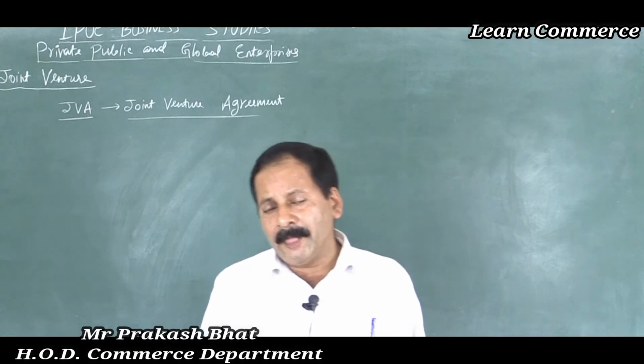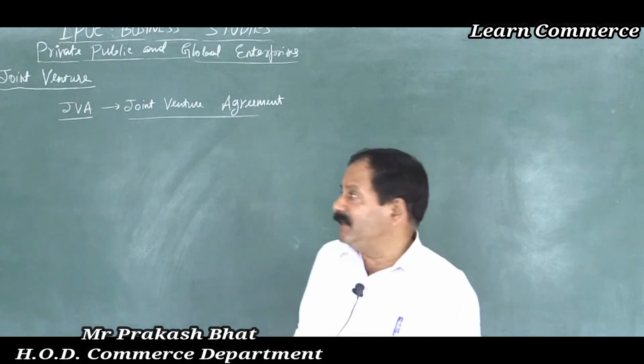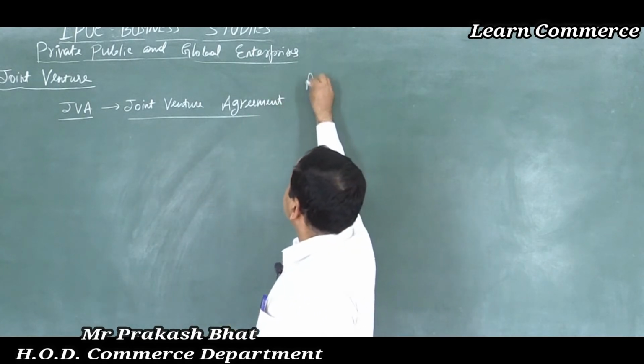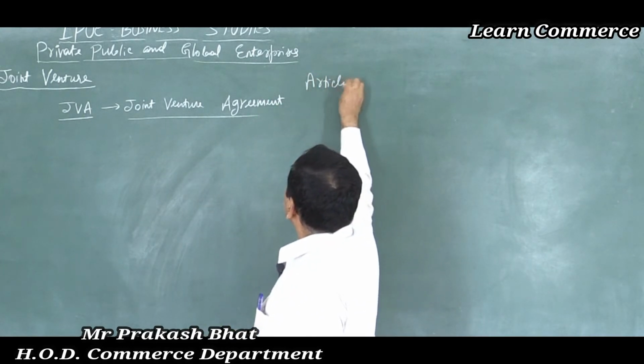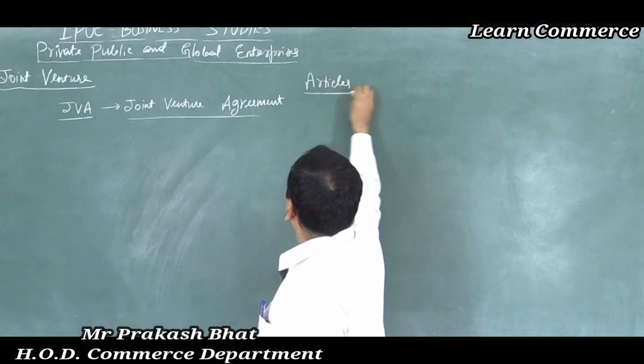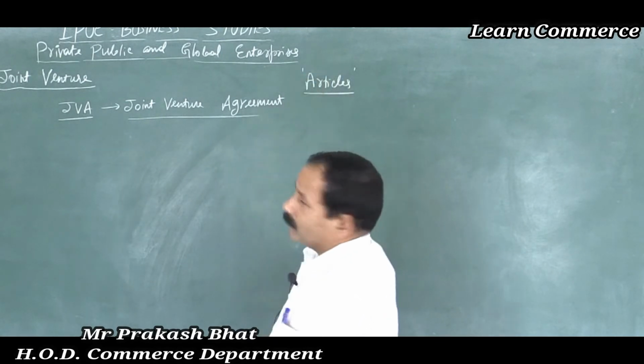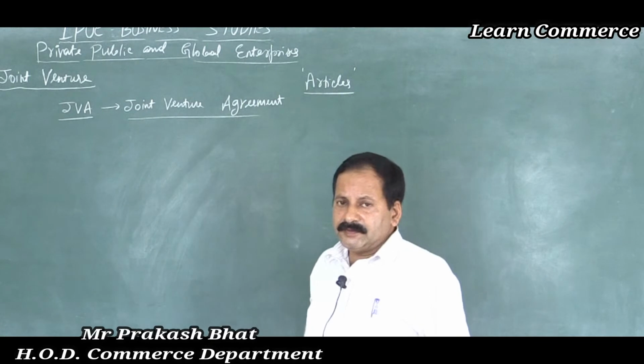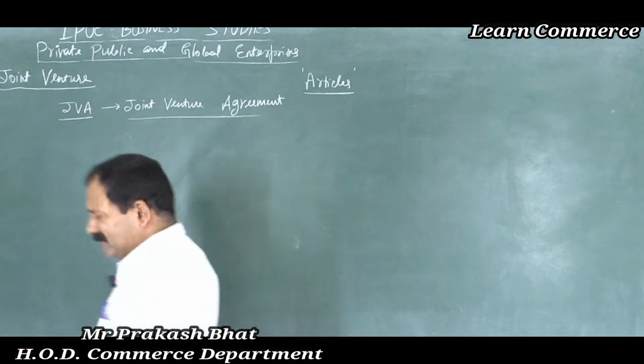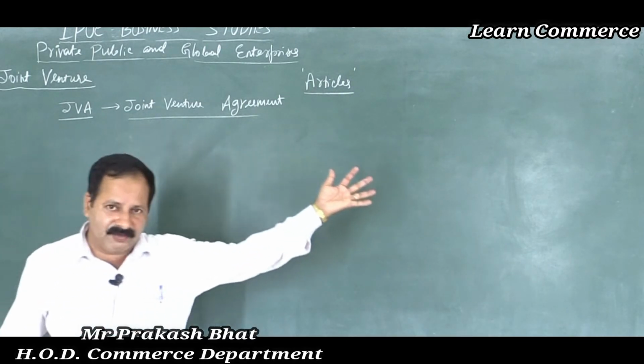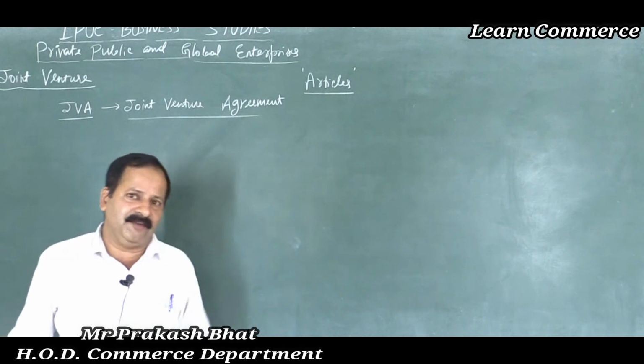The other name for partnership deed is articles of partnership. Articles, A-R-T-I-C-L-E-S, articles of partnership. You might have come across in partnership, right? So when they ask you what is articles of partnership means, what is partnership deed? Same question it is. Don't get confused in examination, okay?